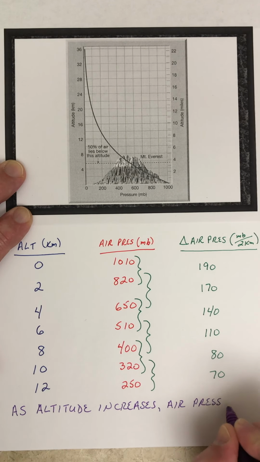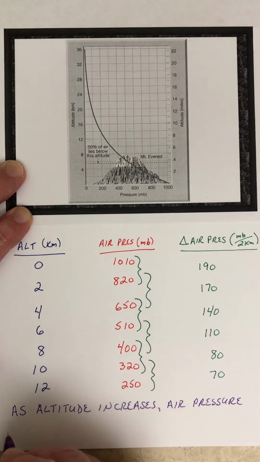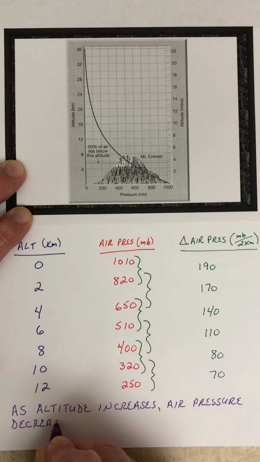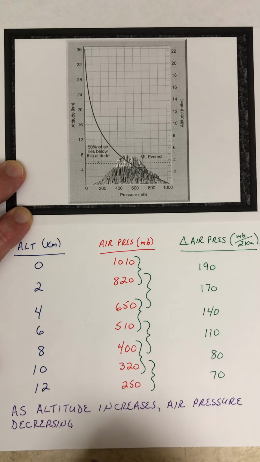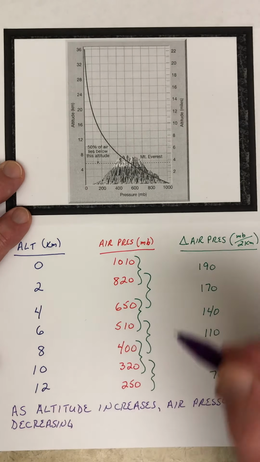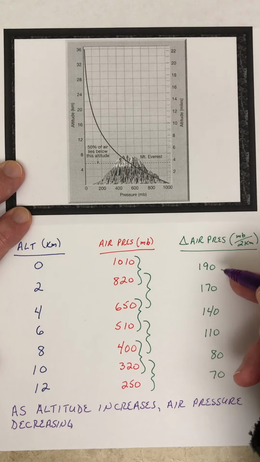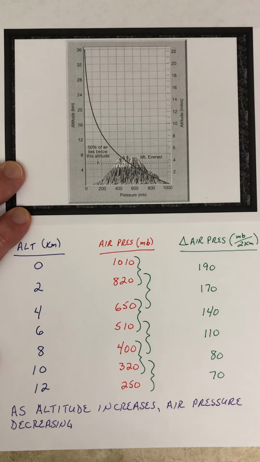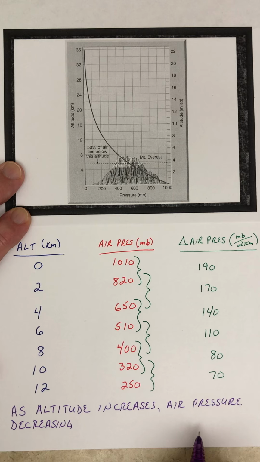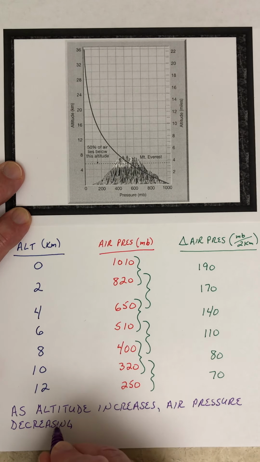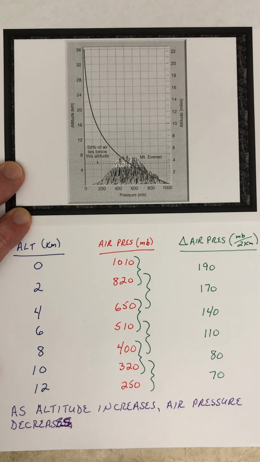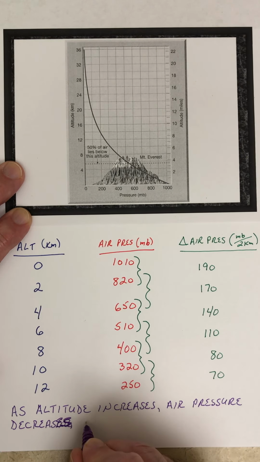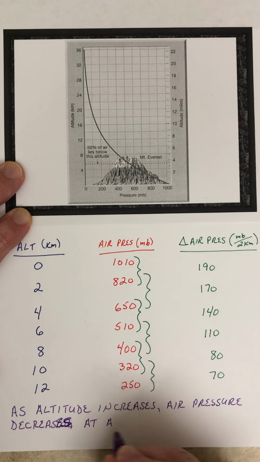And what can we say about the rate at which the air pressure is decreasing? As altitude increases, pressure decreases, but notice the rate of change is decreasing. So air pressure is decreasing at a decreasing rate.